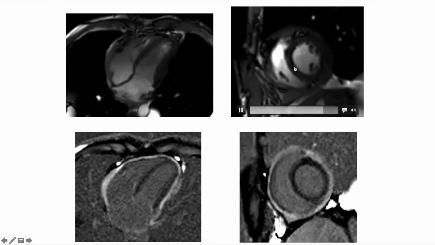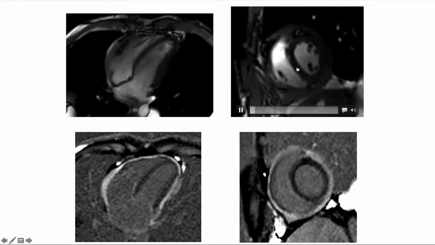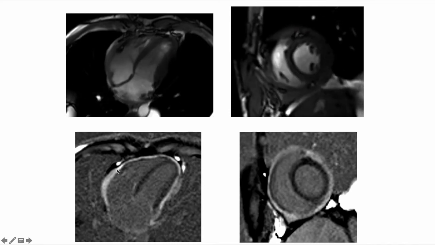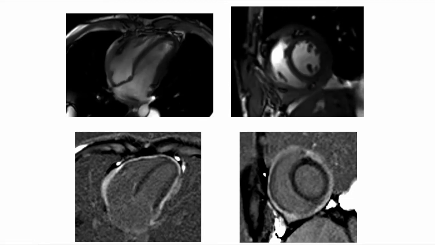We can see that there is a sudden shuddering of the septum during diastolic phase. So that is an important feature in constrictive physiology. In the same patient, in delayed enhancement images, you can find circumferential thickening as well as intense enhancement of the pericardium. So this is the case of constrictive pericarditis.